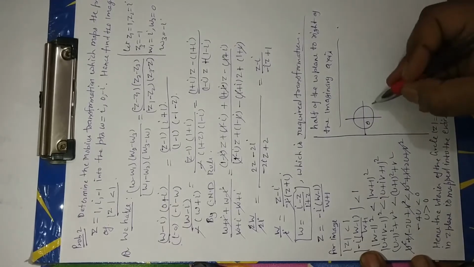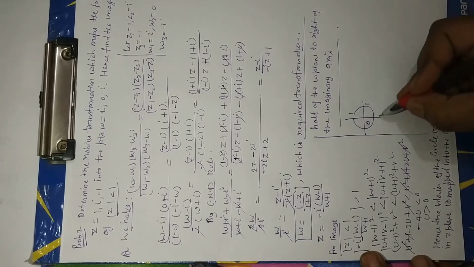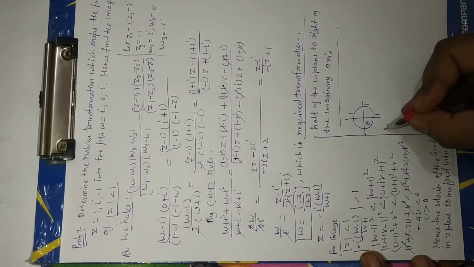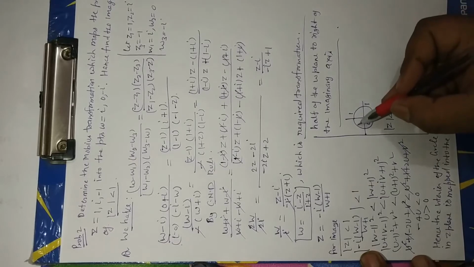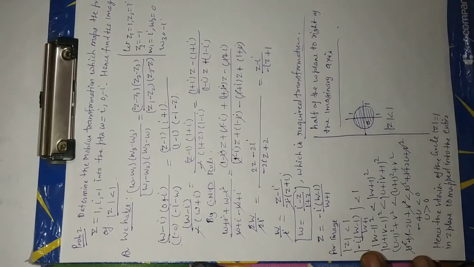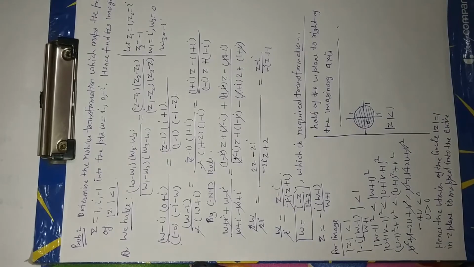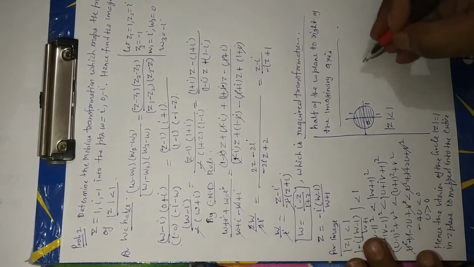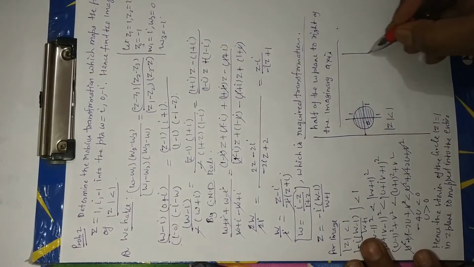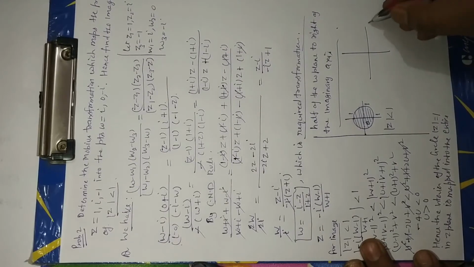This is the origin O, this is equal to 1. Now the unit circle |z| less than or equal to 1, that is the interior area of the circle. Now transformed in the w plane, u axis, v axis.